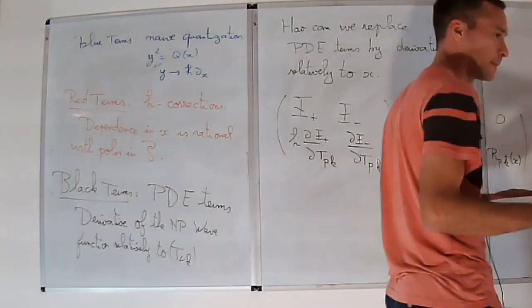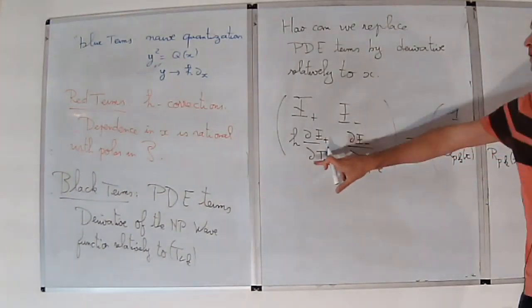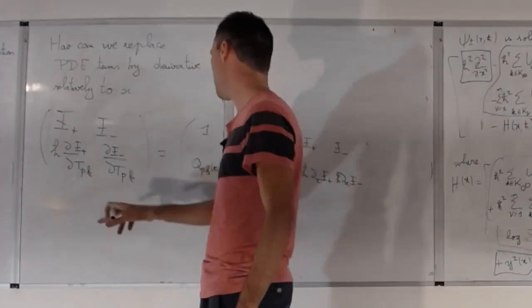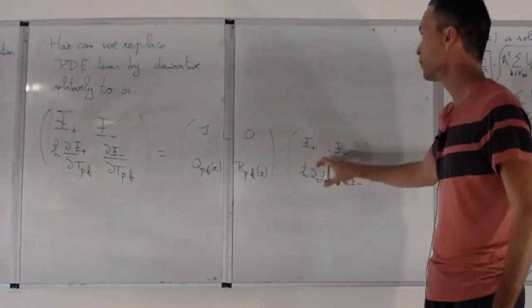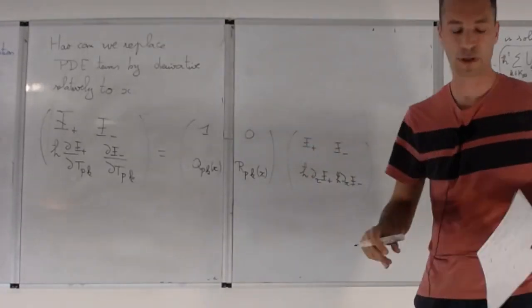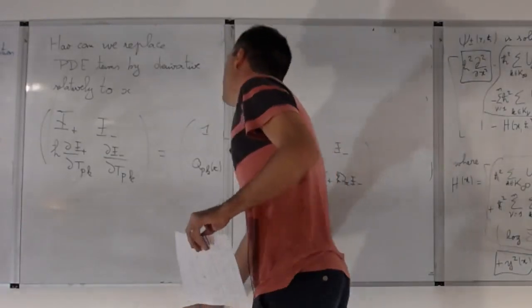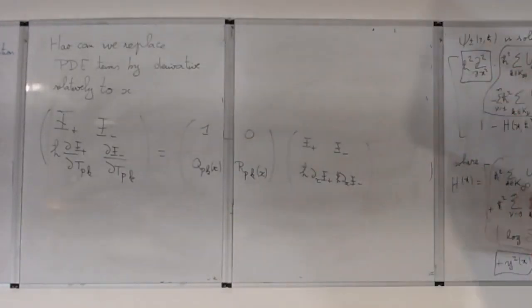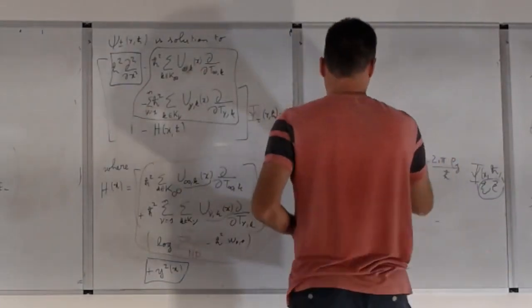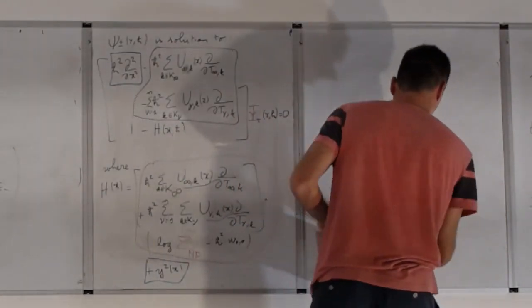Okay. So what I want to do is change a derivative relative to t_pk into something which is a combination between psi plus and a derivative relative to x. And to do this, I have to introduce some notation in order to define Q and R_pk. This could be done in the following way.